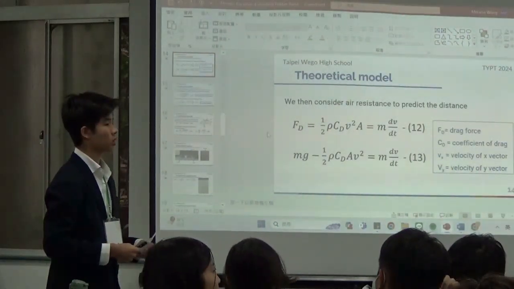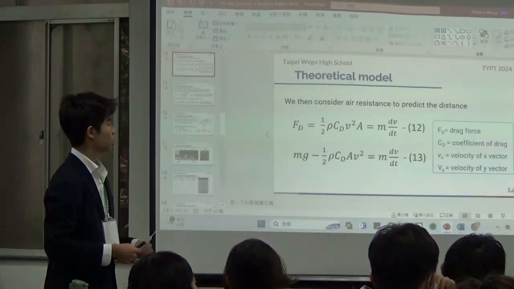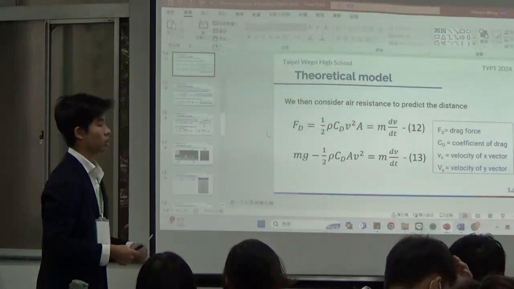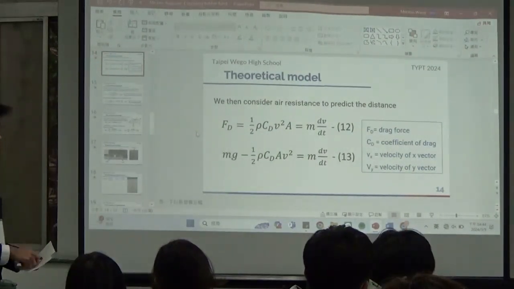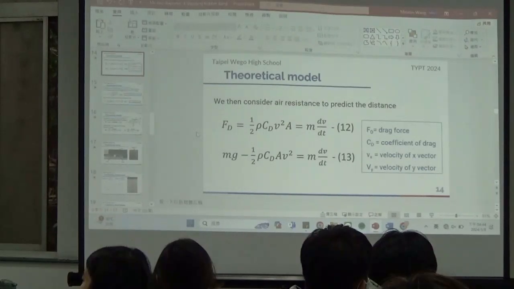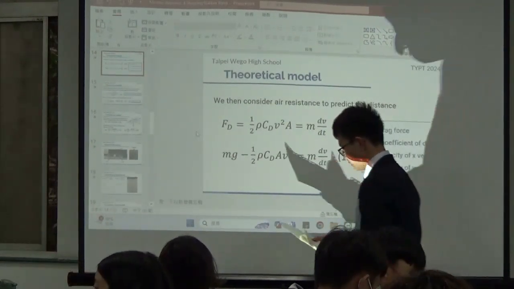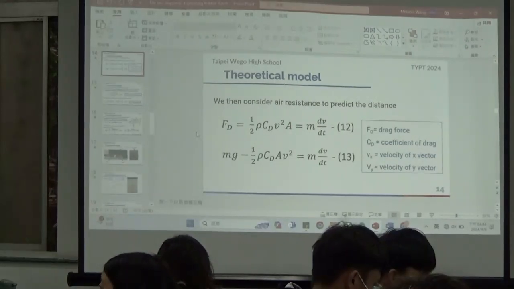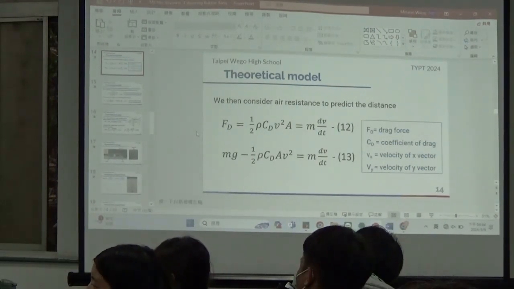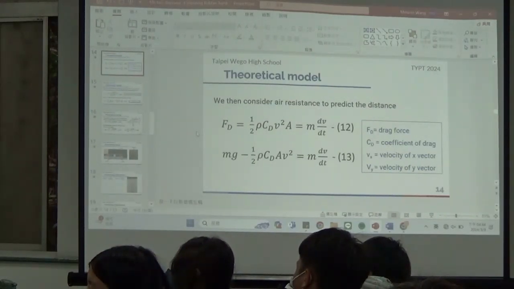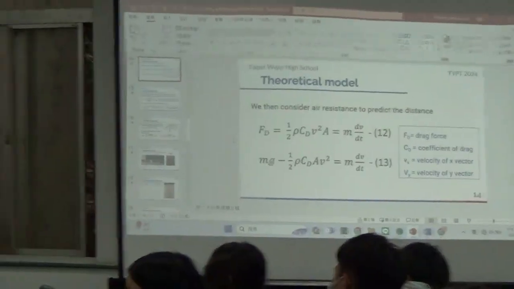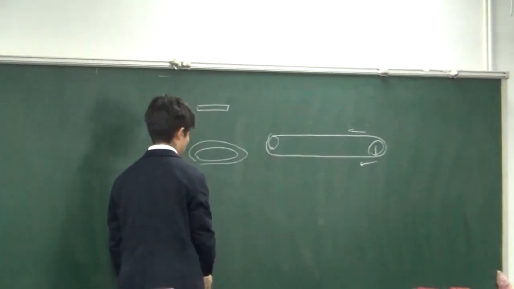How do you know the area of this function? While the rubber band spins, for example the horizontal one, the surface area of it is the radius of the rubber band and the thickness of the rubber band.